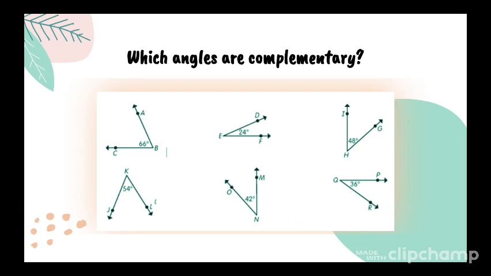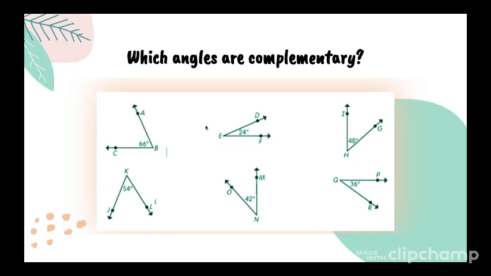Next, we're going to be looking at which angles are complementary. So take some time, maybe pause this video, and on that sheet of paper that you got, start listing them all out. Okay, if you said angle ABC, this angle right here, and DEF, this angle, were complementary, you are correct.